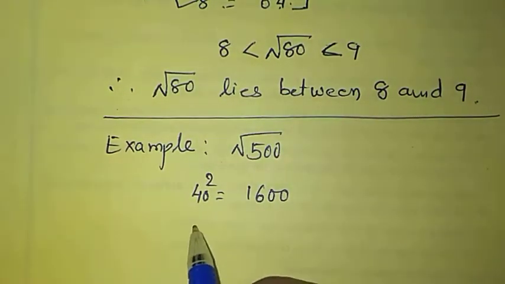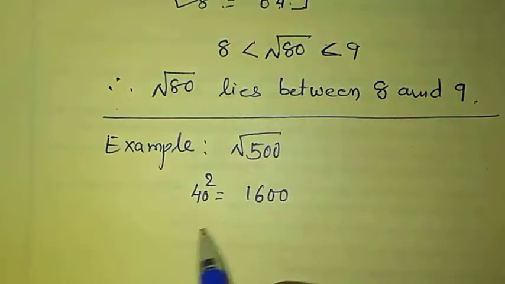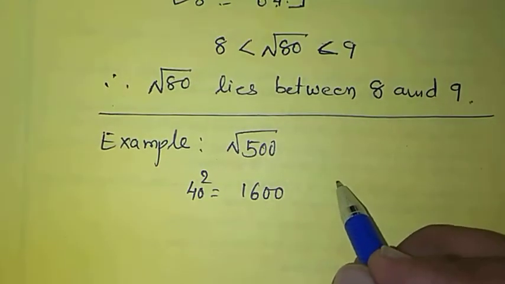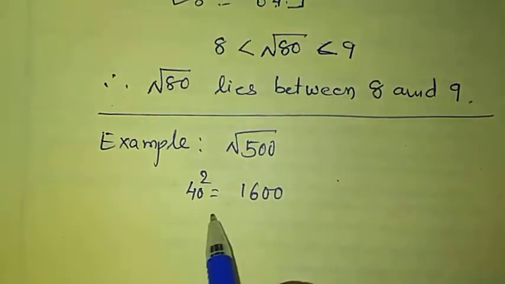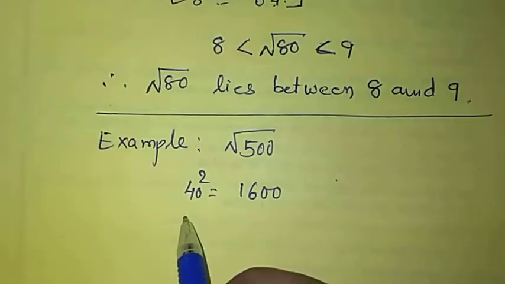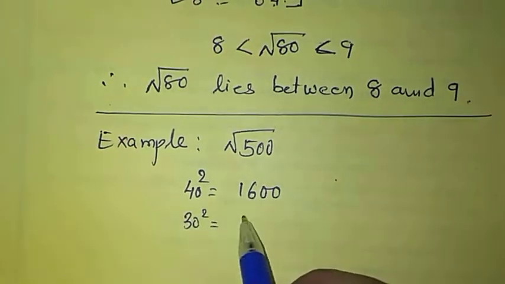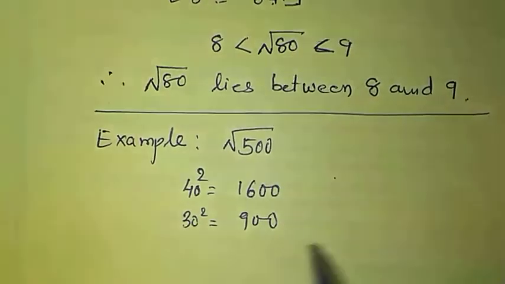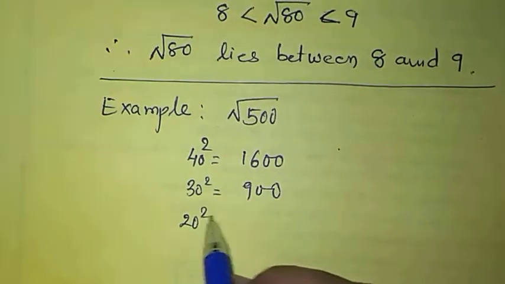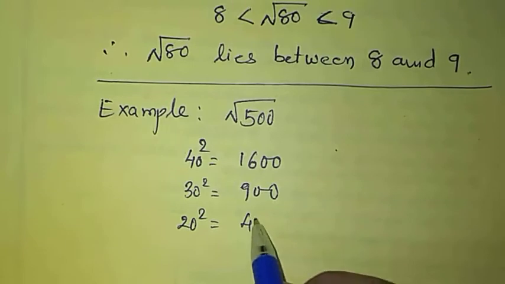Clear? Then we take nearer figures, as we know 11 square, 12 square, in the same way we can go on. 30 square is 900, which is larger. Then 20 square will be 400.